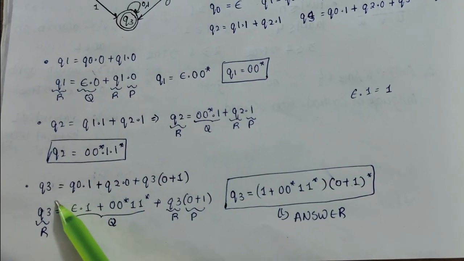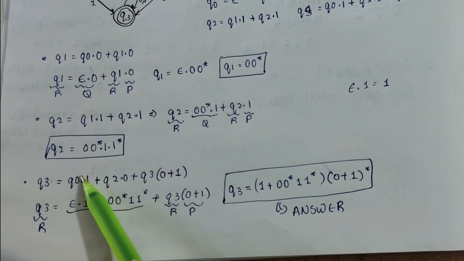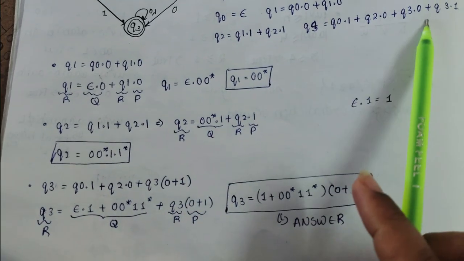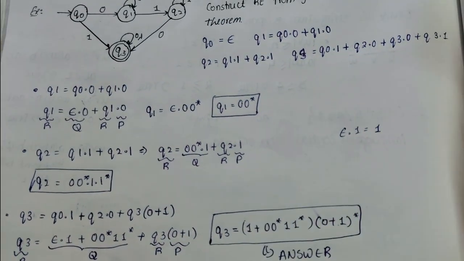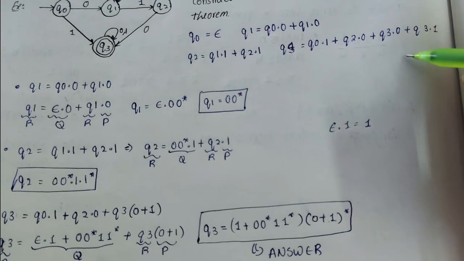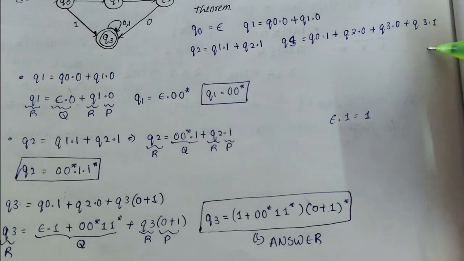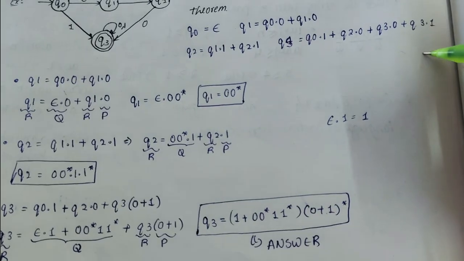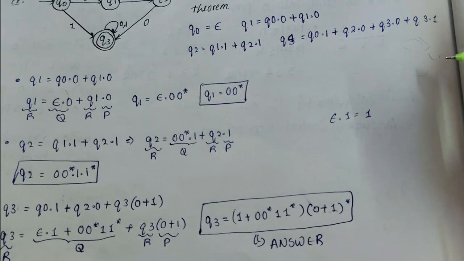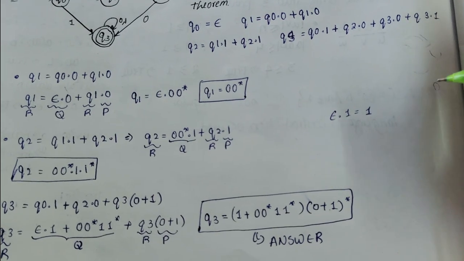Now we'll solve Q3. Substitute the Q0 value and Q2 value. Take Q3 common, like Q3 into (0 + 1). We already discussed that in regular expressions, if it has a + b, it means it goes to the same state using different paths: here it will be a, here it will be b.